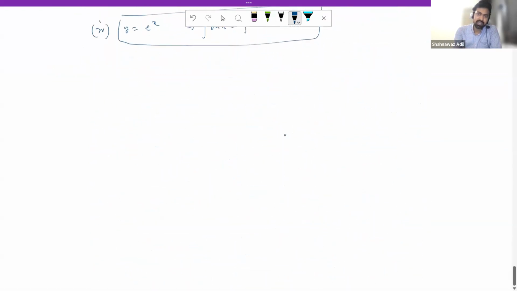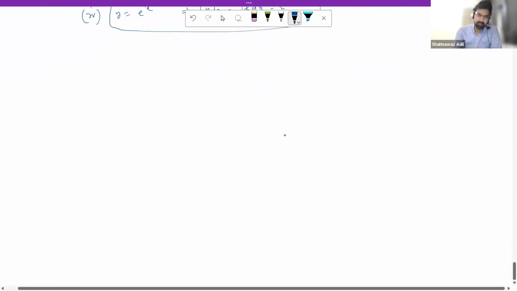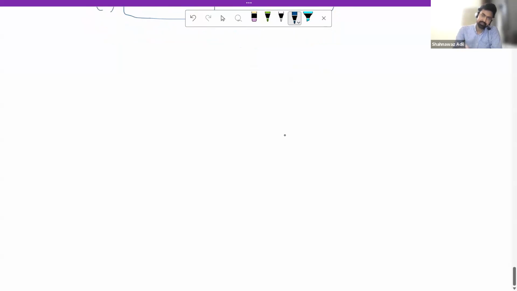Now let us understand the rules of integration. There are lots of rules for integration, but we will require only those which we need for our purposes.